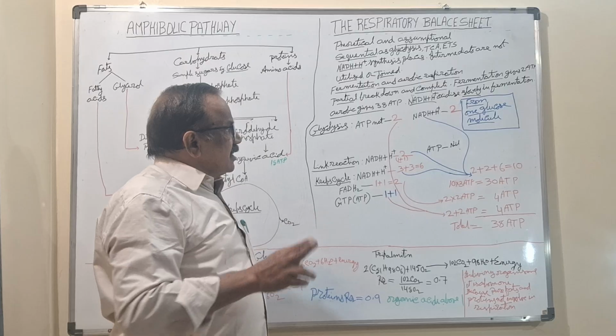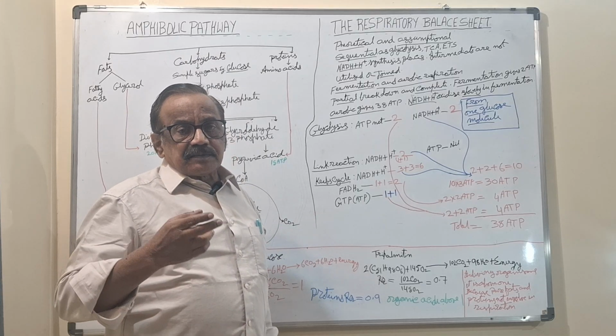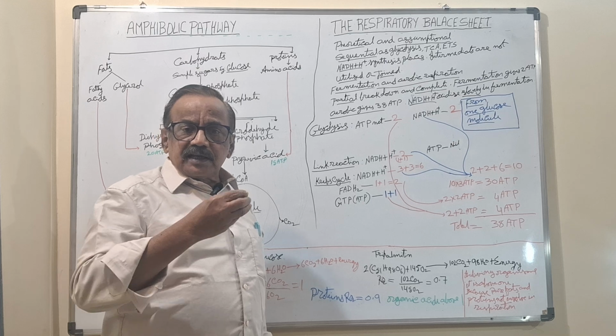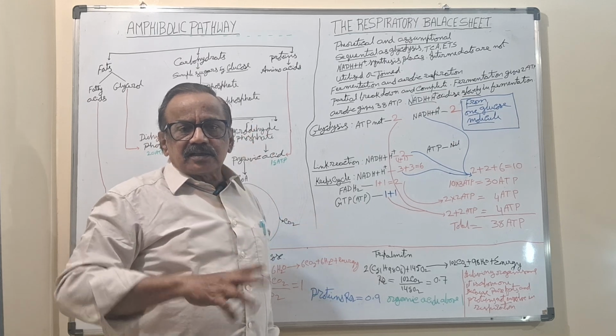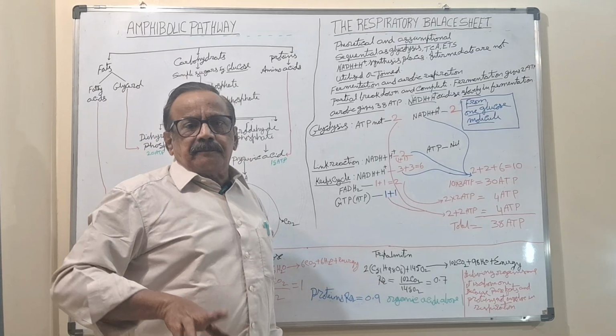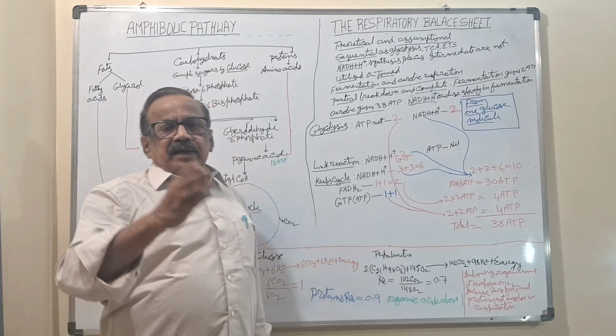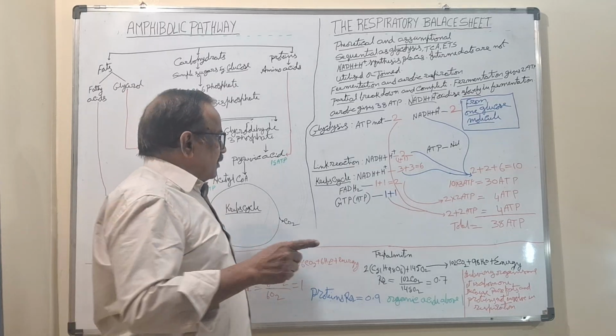And next, in aerobic respiration, whatever energy-rich products are produced in the link reaction, Krebs cycle and glycolysis will be converted into ATP in the electron transport system. And 38 ATP will be produced in this one, first difference.